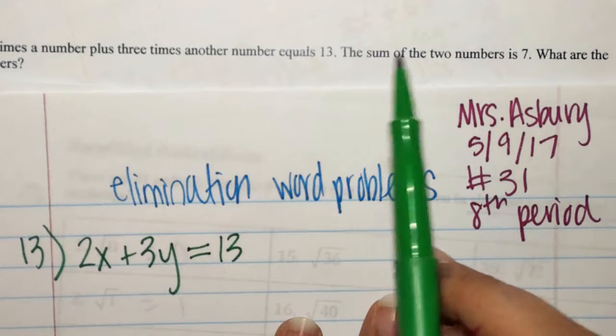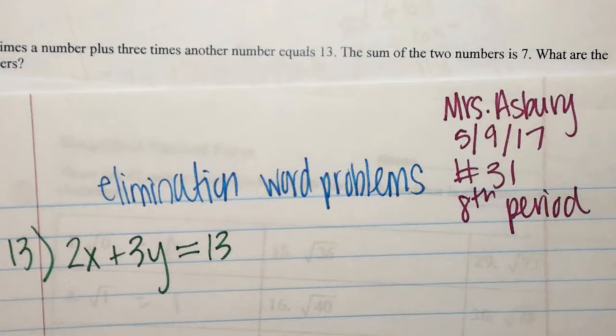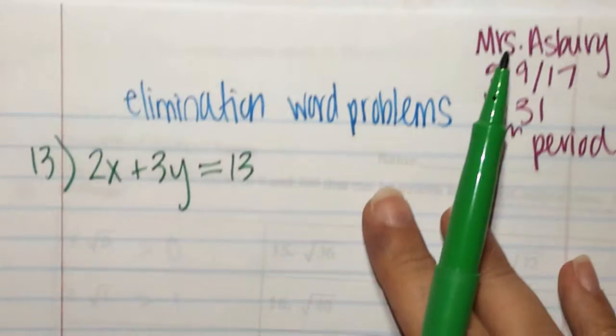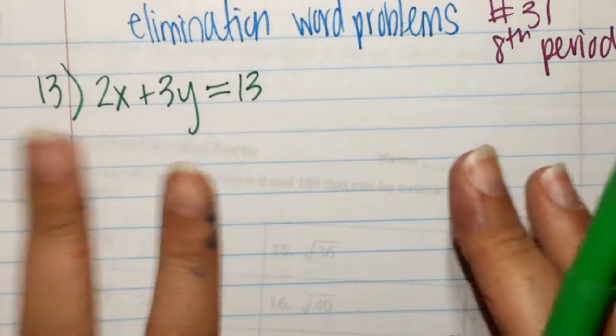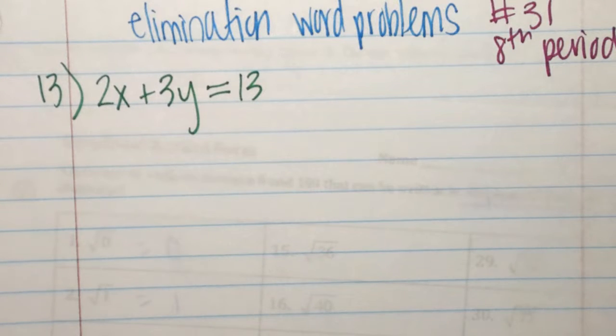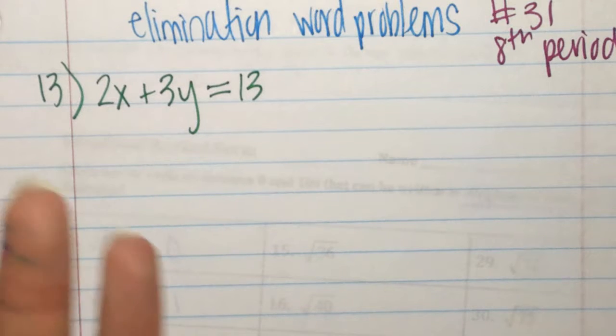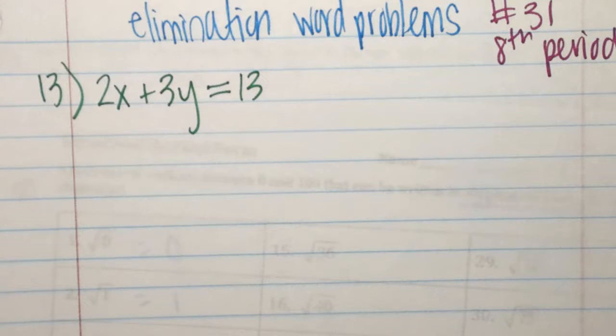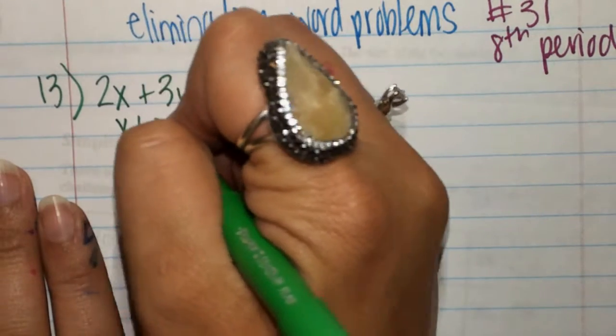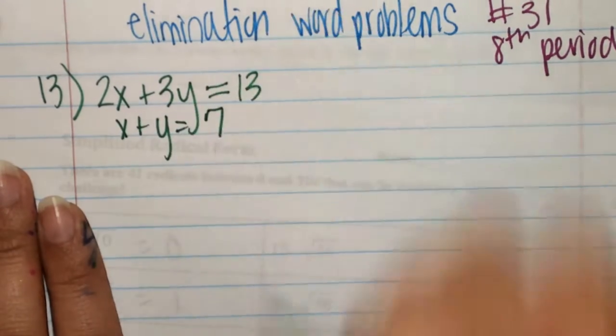Then it says the sum of the two numbers is 7. What does sum mean? You add, so what am I going to add together? If the numbers are x and y, what am I going to add together? So you write x plus y equals 7.